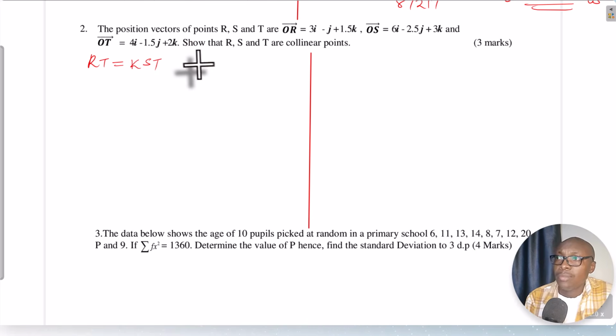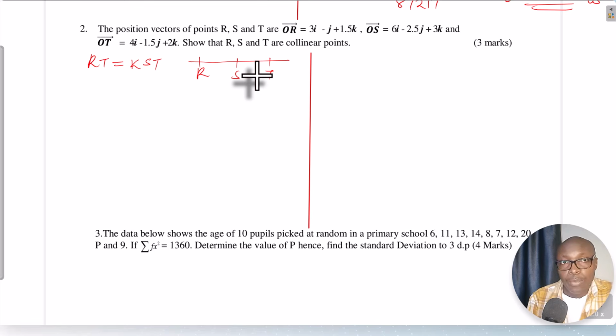What you are simply doing is showing that these points, R, S and T, lie on the same straight line. To do that, you have to show that the vectors you form are scalar multiples of each other. That will show that those vectors are parallel, and by showing they are parallel, that already confirms that they are collinear.